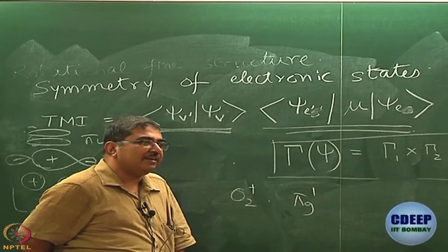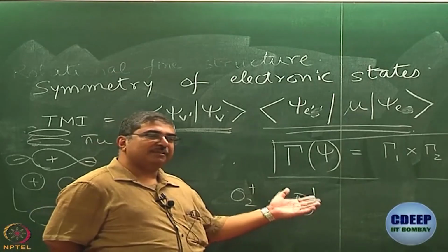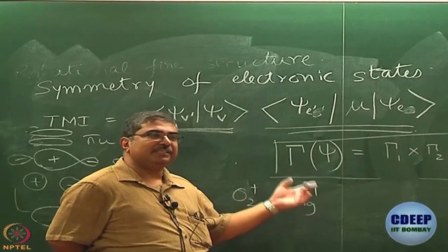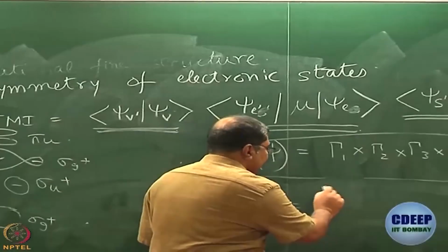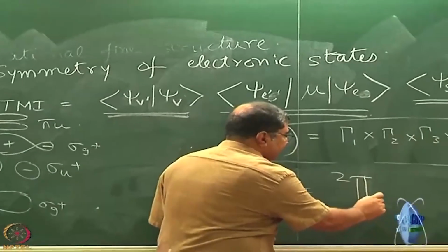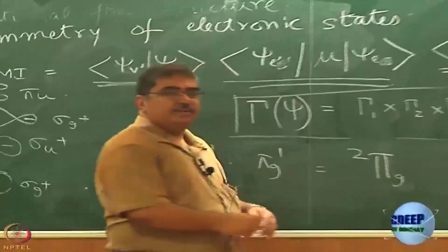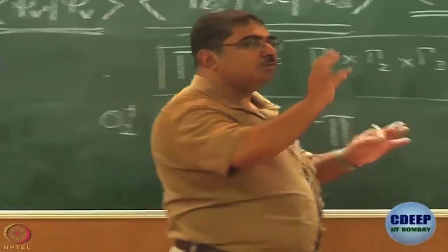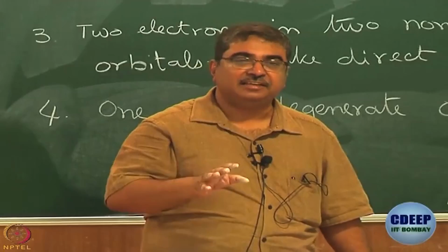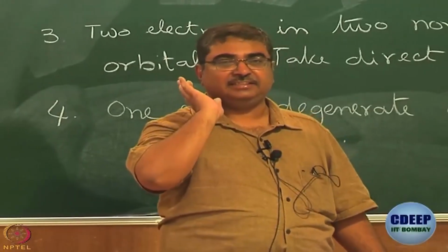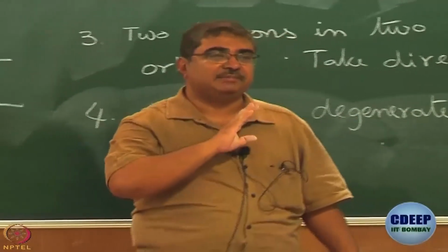Minus 1, right. So, in that case also symmetry will be the same as the symmetry of this orbital. So, in this case symmetry is going to be doublet pi g. So, same symmetry. So, that one vacancy you can think of it as one hole and it behaves exactly like the electron as far as symmetry is concerned, alright. This is how you determine the symmetry of states.